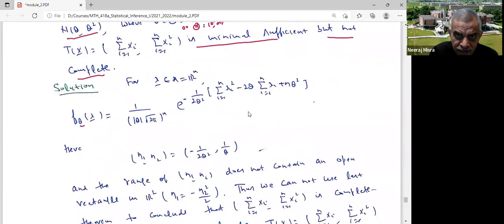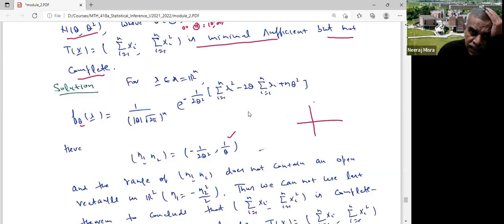So I can write this as a function of 2 parameters, with eta_1 as minus 1 by 2 theta squared, t_1(x) as summation x_i squared, eta_2 as minus 2 theta divided by minus 2 theta squared, which is 1 by theta. So by the last theorem, summation x_i squared and summation x_i would have been complete if eta_1 and eta_2 contained an open rectangle in R^2, the two-dimensional Euclidean space.